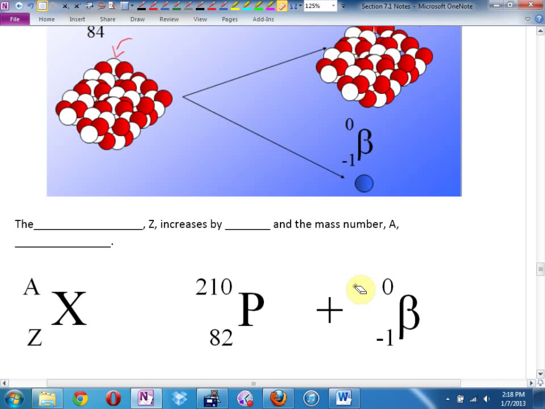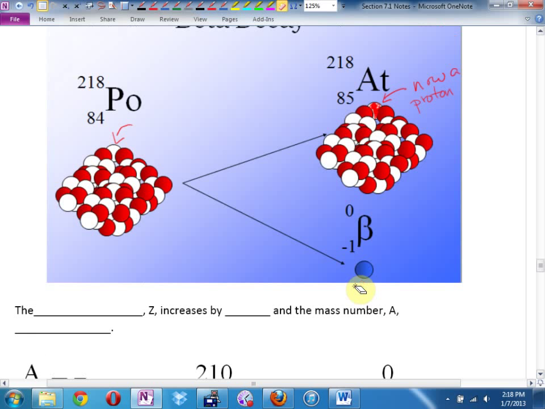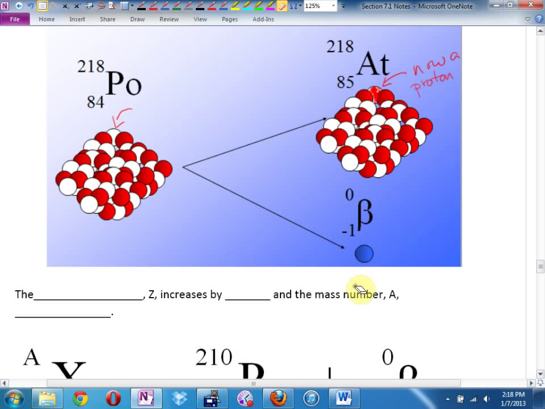So, the atomic number increases by 1, and the mass number stays the same.